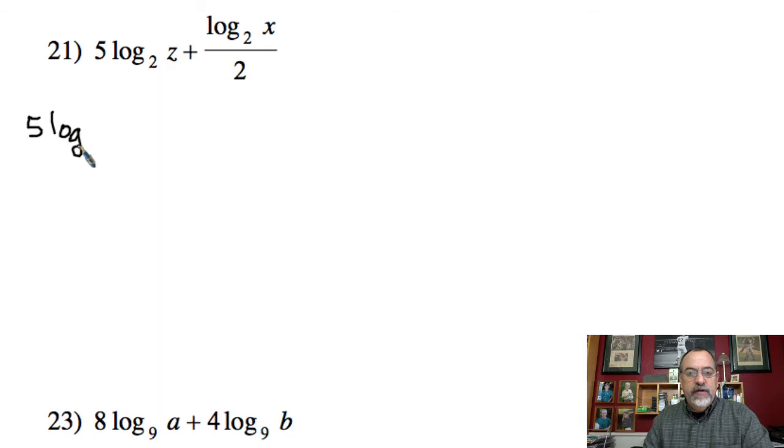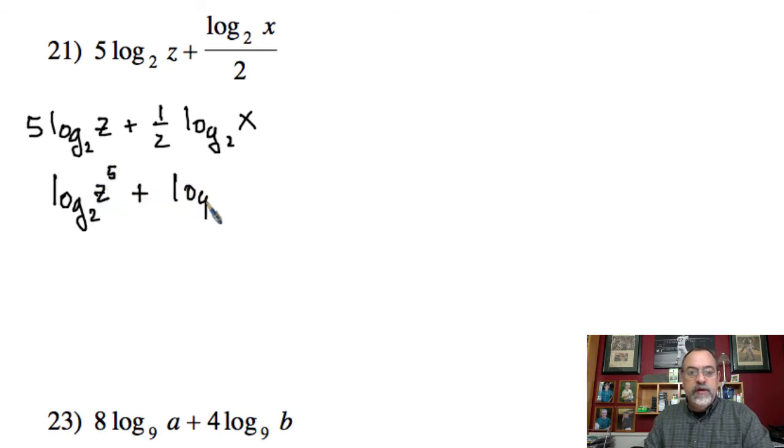Okay, so this is going to be 5 log base 2 of z plus 1/2 log base 2 of x. All right, so now we have powers in front, so this is log base 2 of z to the 5th, and this is going to be log base 2 of x to the 1/2. Now because it's plus, we're going to multiply these together.